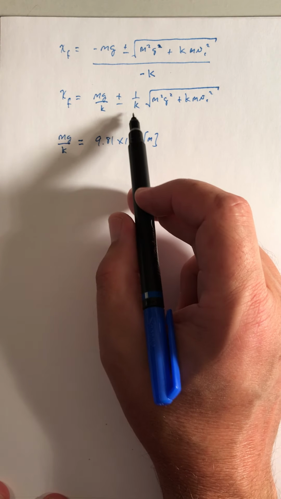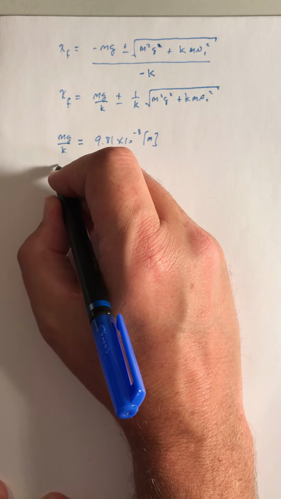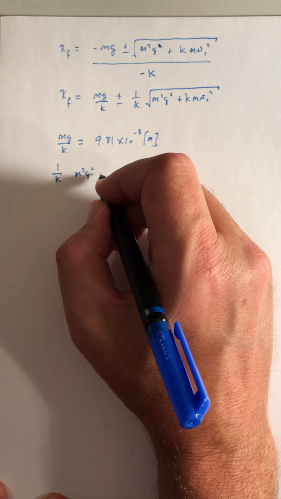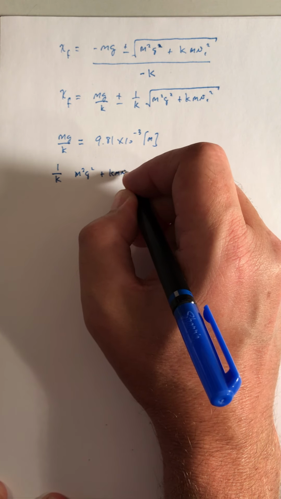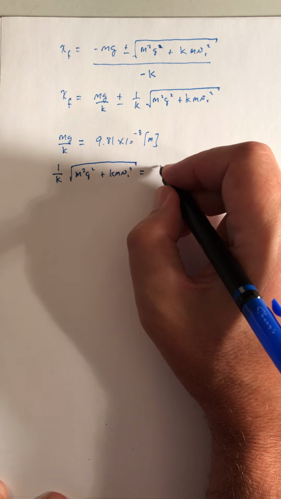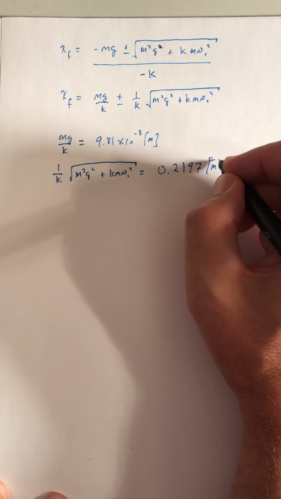All the rest of this, the 1 over k and then the radical, when I evaluate it, I get the following: 0.2197 meters.